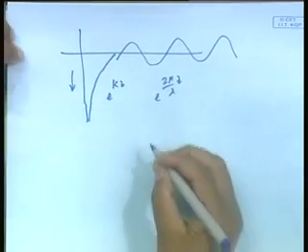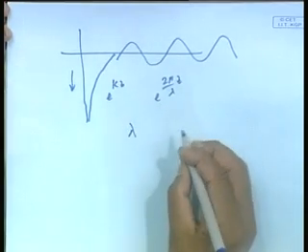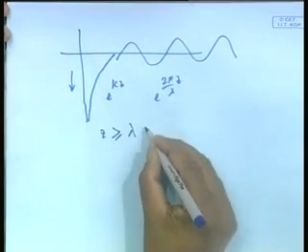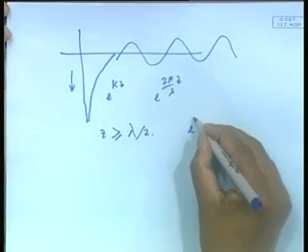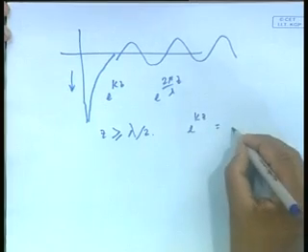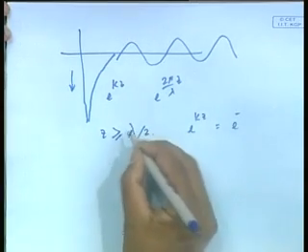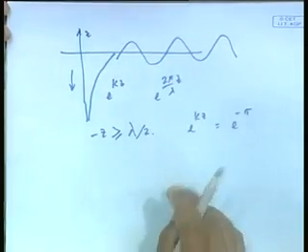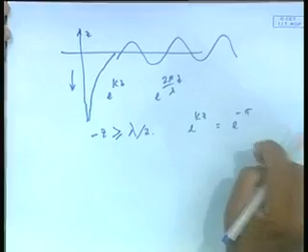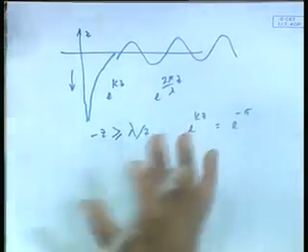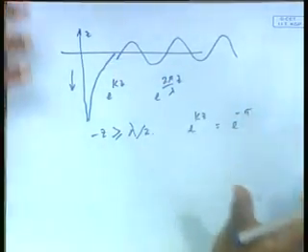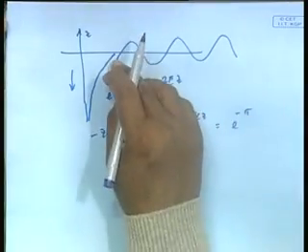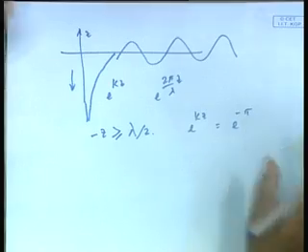Now, it turns out that if z is more than or equal to lambda by 2, then e power of kz becomes e power of minus, well, minus z I will say, because z is plus opposite, minus pi. This value itself is something like 0.04, and just like when we say sin theta is theta if theta is less than 4 degrees, similarly we say that when the exponential part has become more than e power of minus pi, it is almost 0.